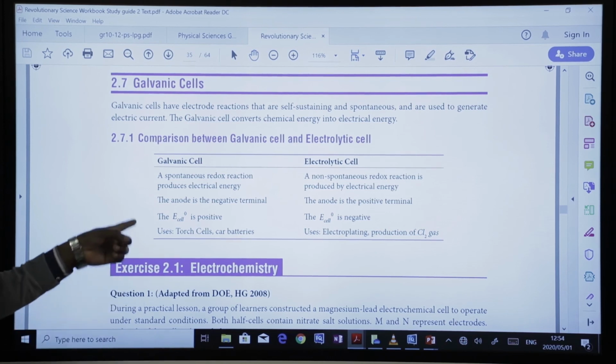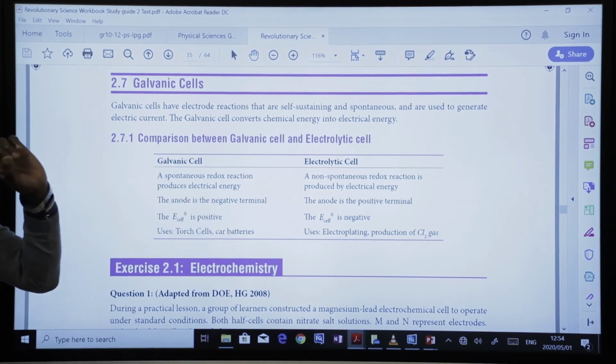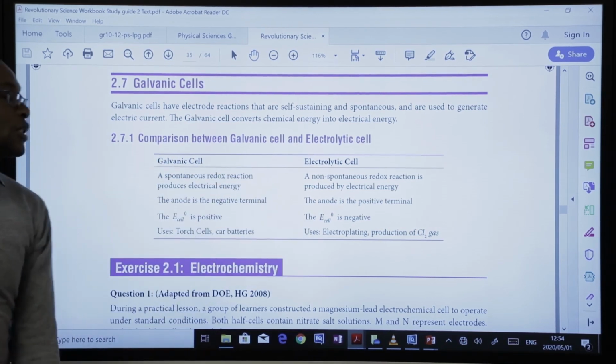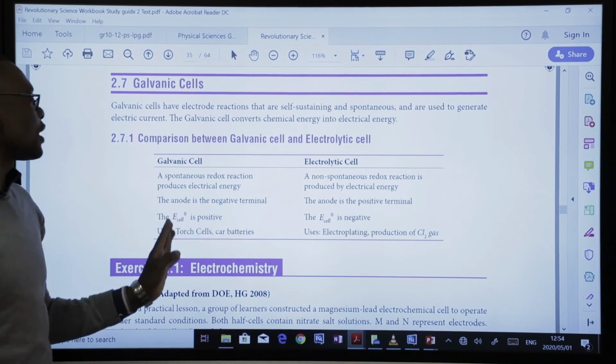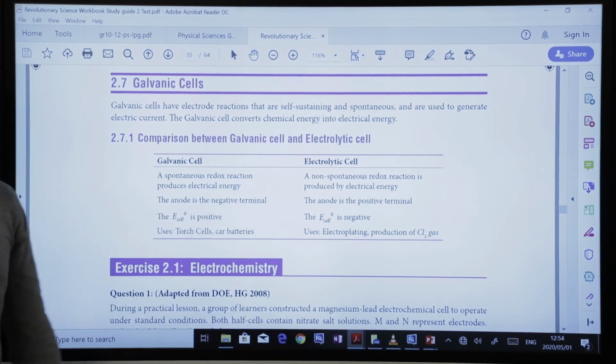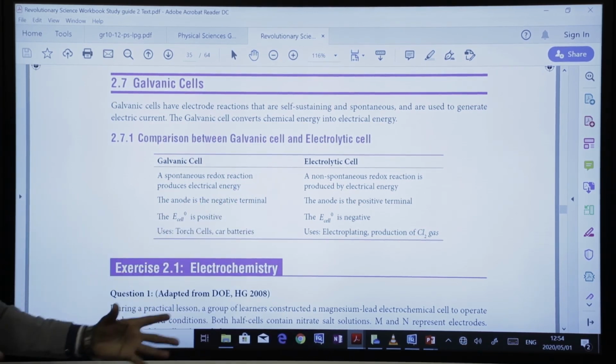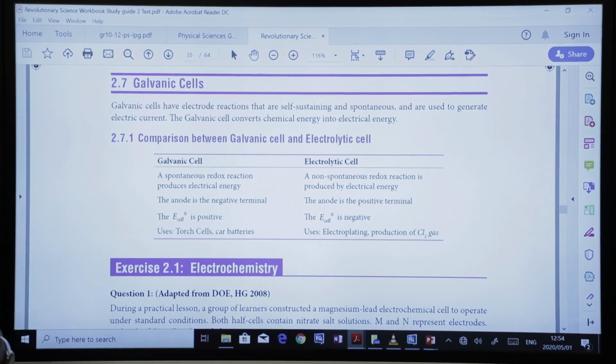Okay. So the anode is the negative terminal, while in electrolytic cells, the anode is the positive terminal. And the E cell is positive for a galvanic cell, but E cell is negative for an electrolytic cell.